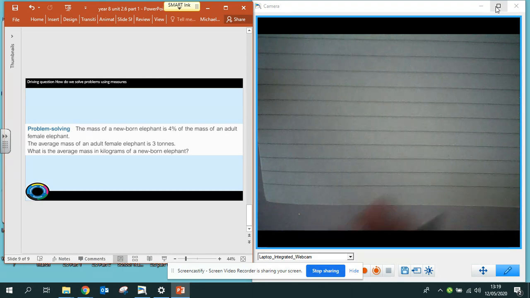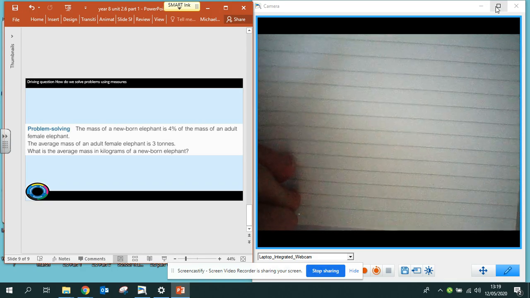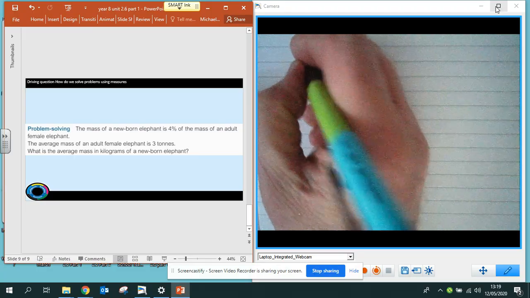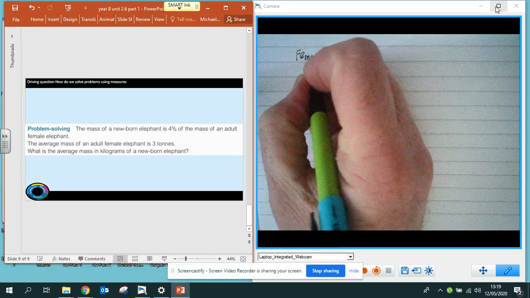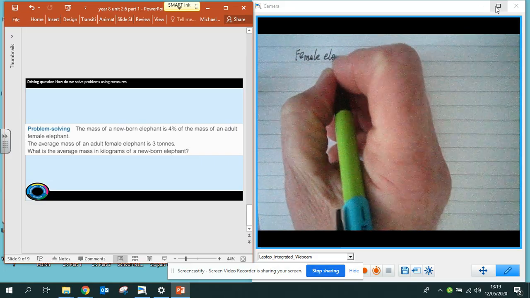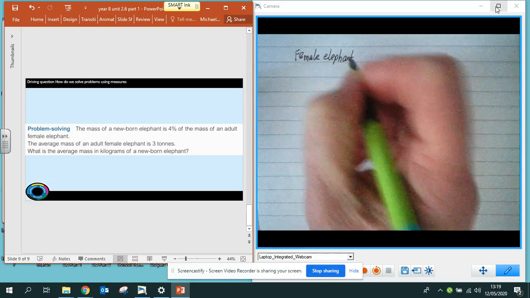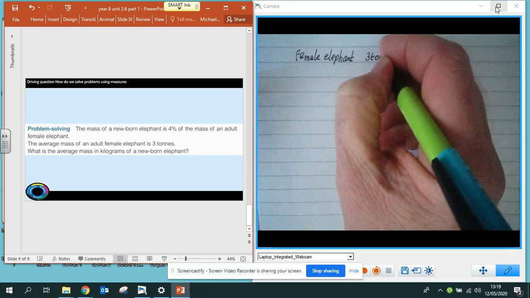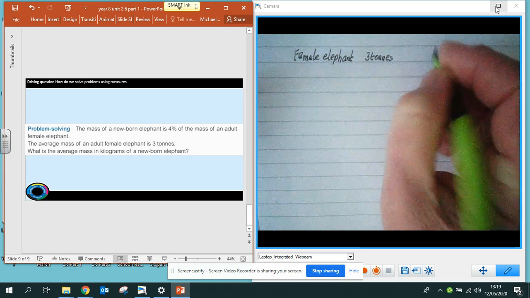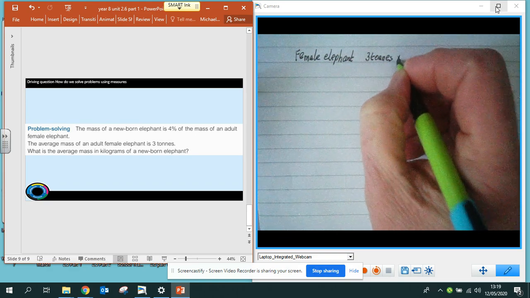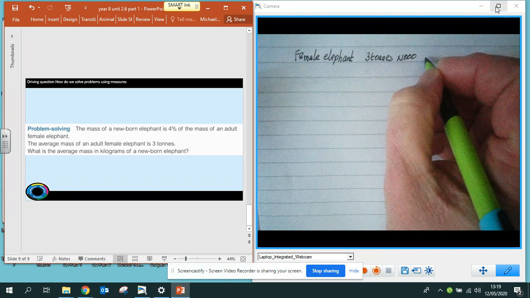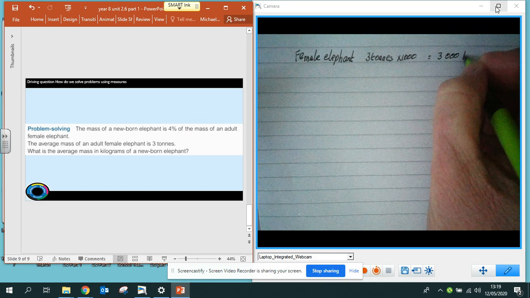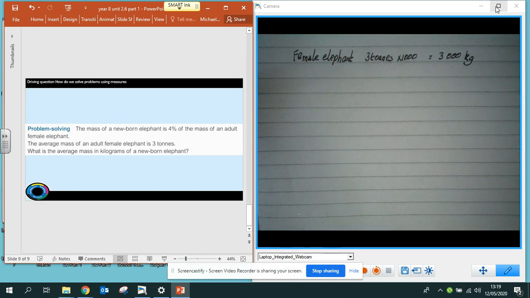Okay, the way I choose to work this one out is first of all to take my female elephant, who weighs 3 tons, and turn that by multiplying by 1,000 into 3,000 kilograms. So my female elephant weighs 3,000 kilograms.